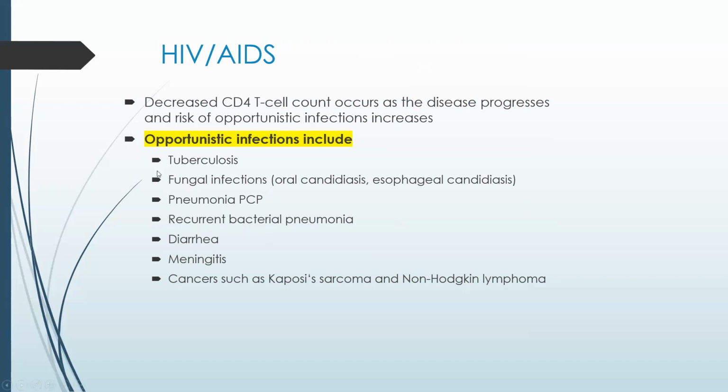So highlight the term opportunistic infection, of which these are just some: tuberculosis, fungal infections, recurrent bacterial pneumonias, diarrhea, meningitis, and cancers such as Kaposi sarcoma or non-Hodgkin's lymphoma. Those are two big ones that tend to show up more often.